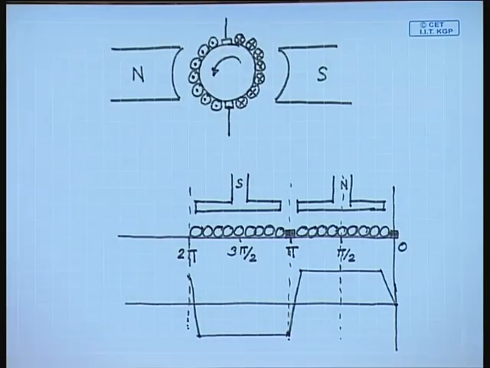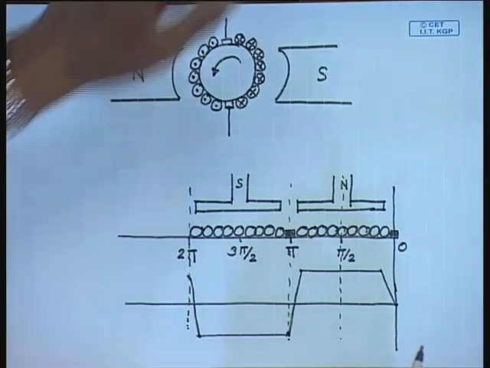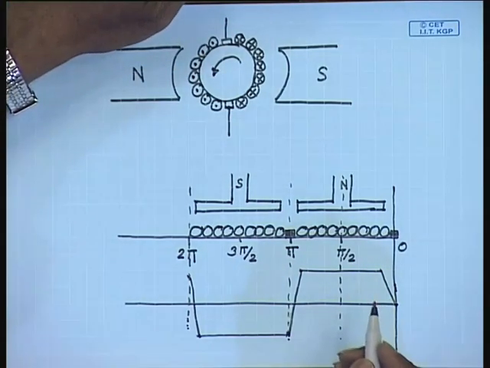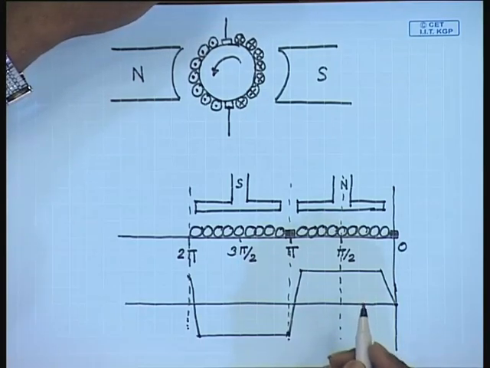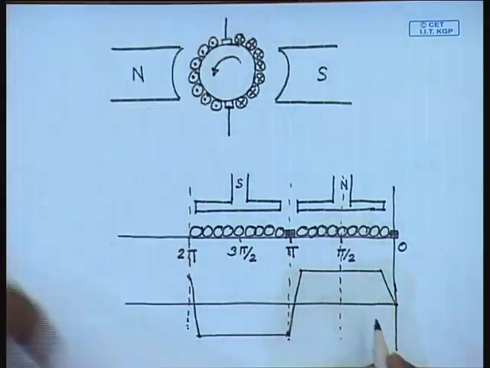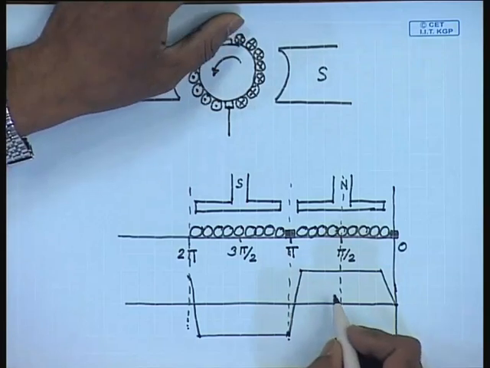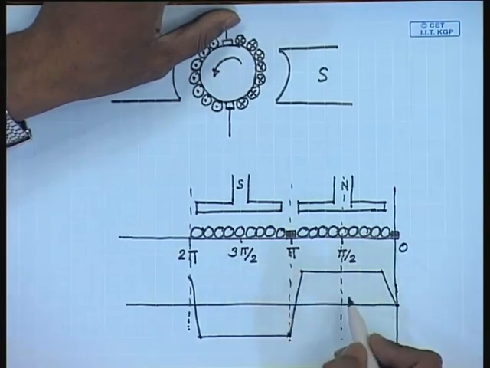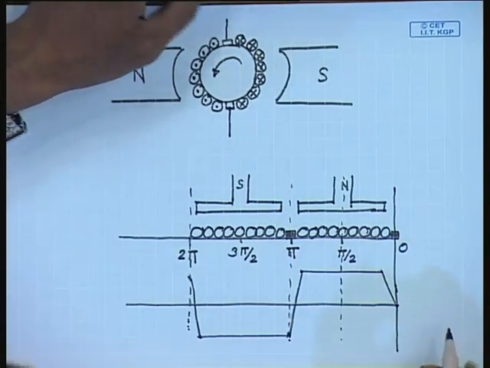While the armature reaction flux is such that it produces a flux density of the pole left behind.